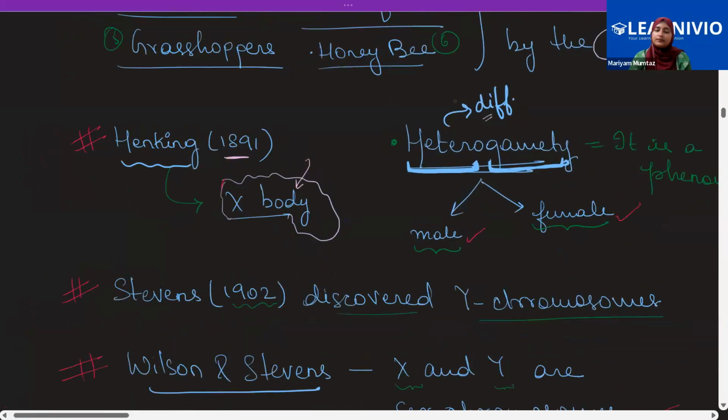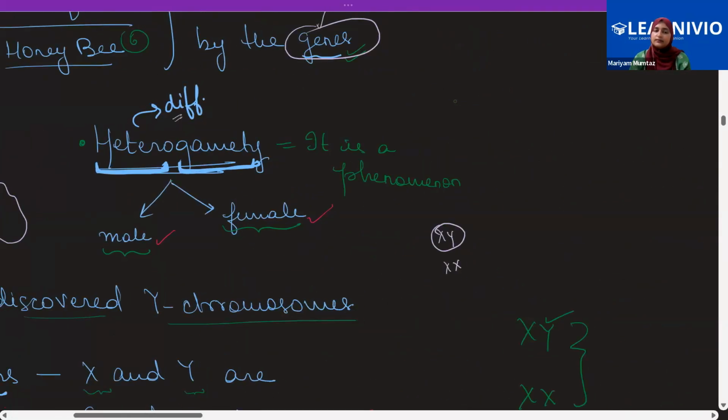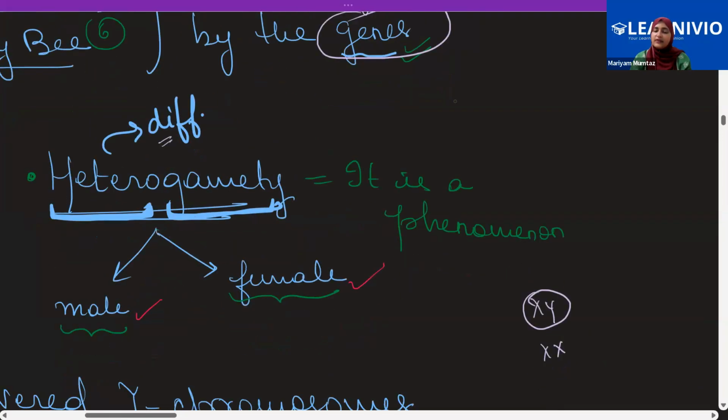So there are two things. There is a phenomenon called heterogamety.